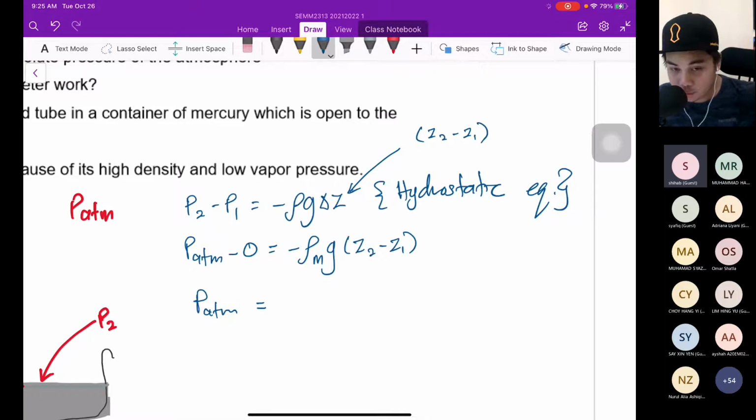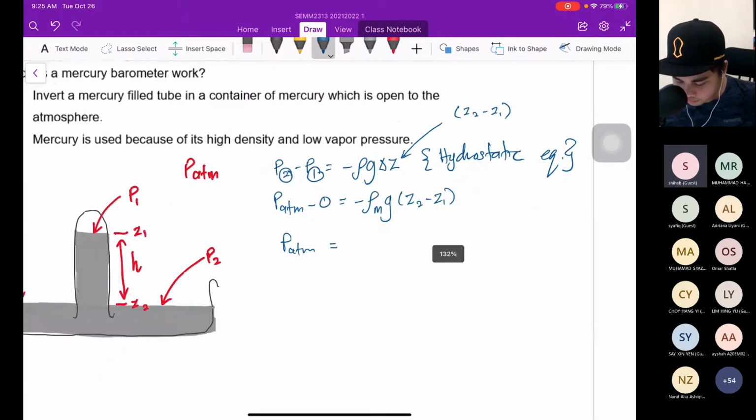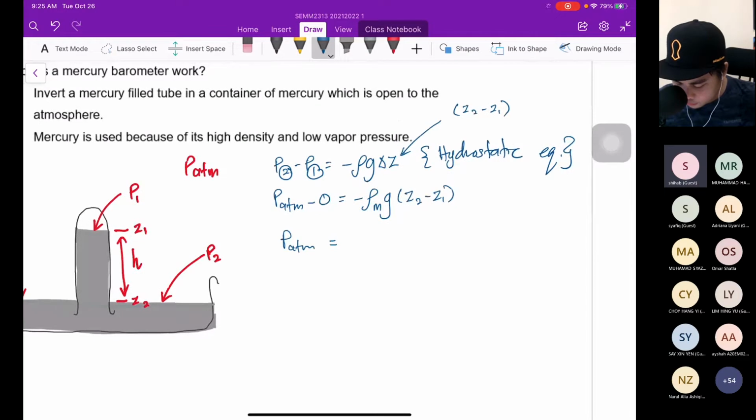How do we know it is 2 minus 1, not 1 minus 2? We refer here: this is 2 and this is 1. So PATM equals negative rho of mercury, gravity, Z2.